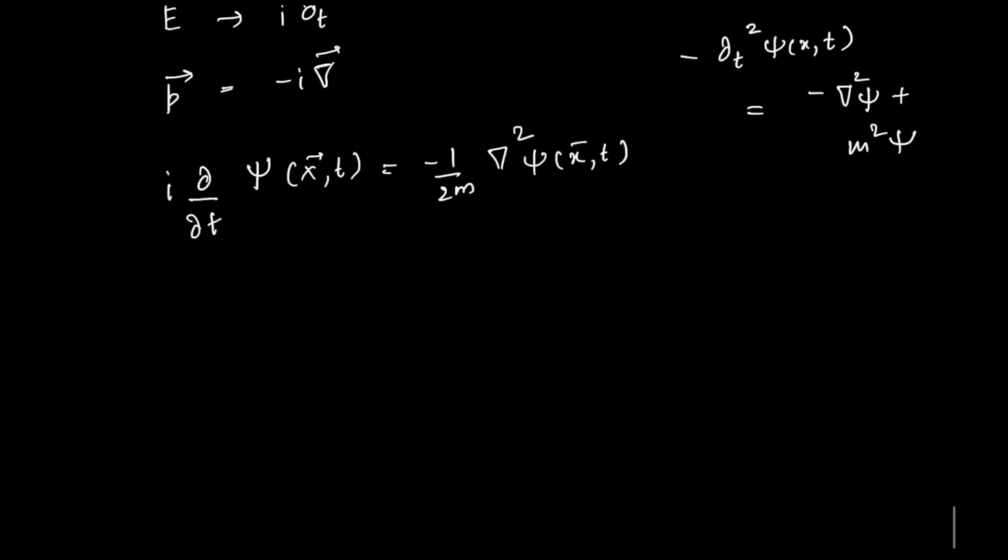Otherwise I can combine it and write (del mu del mu plus m squared) psi(x,t) equal to 0.